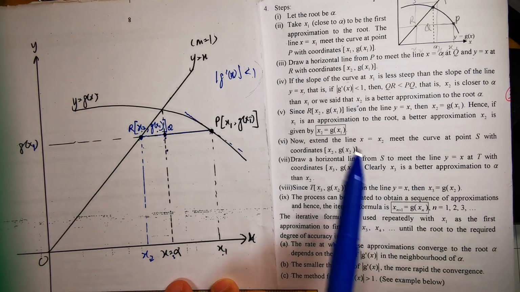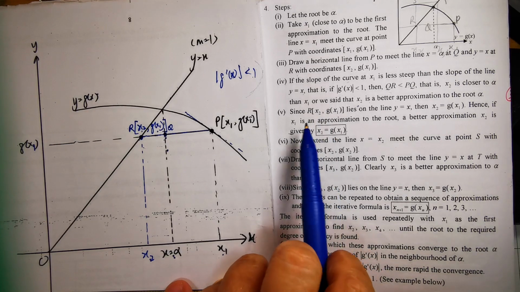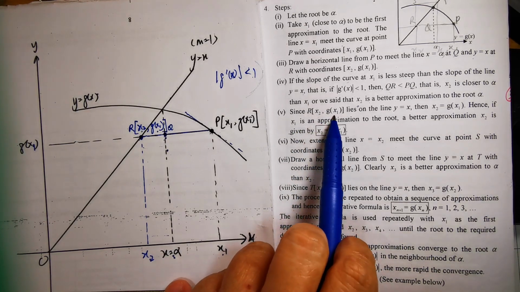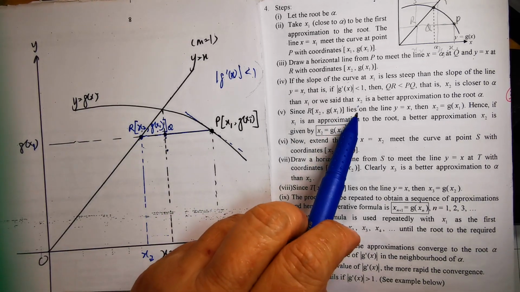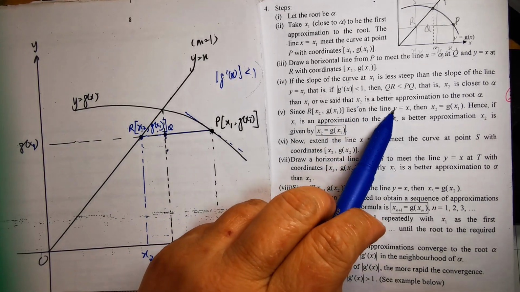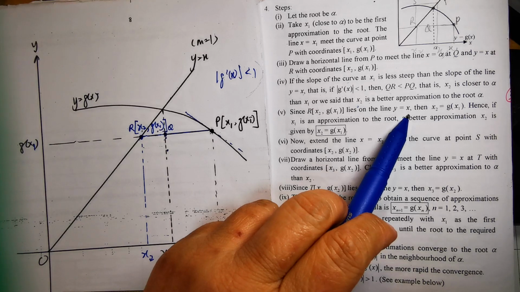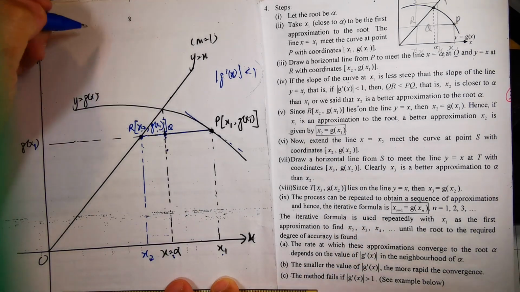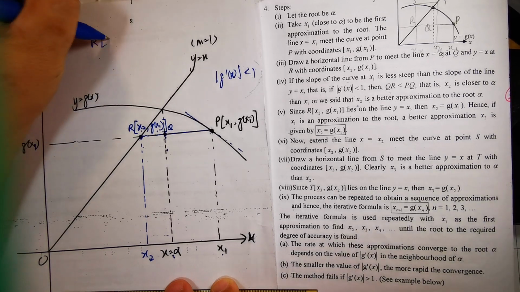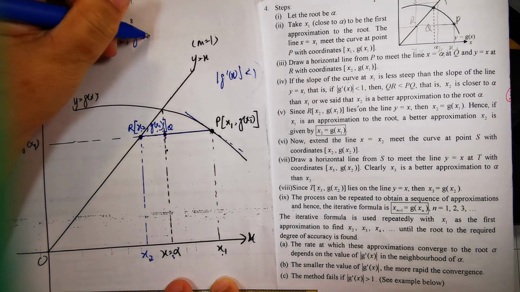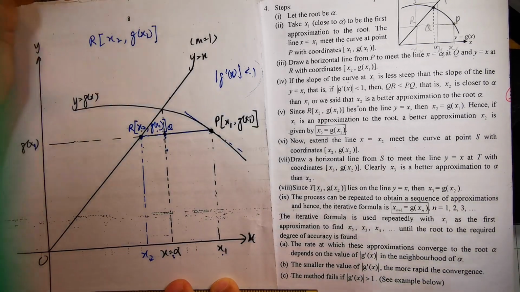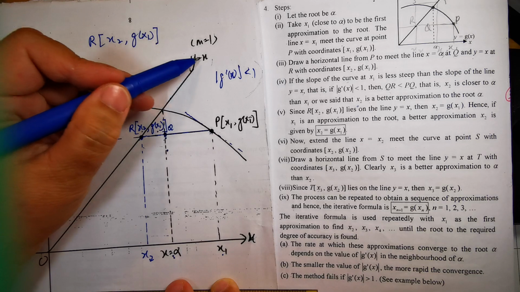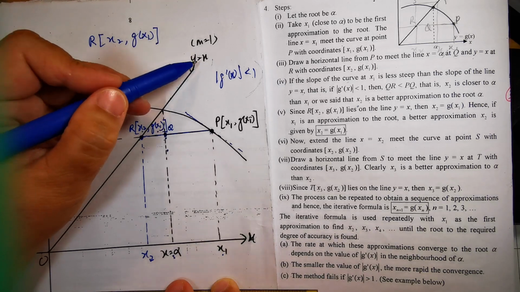Since the coordinate of R is x2, g(x1), as we already said, and this point lies on the line y equals x, the x coordinate and the y coordinate are the same.